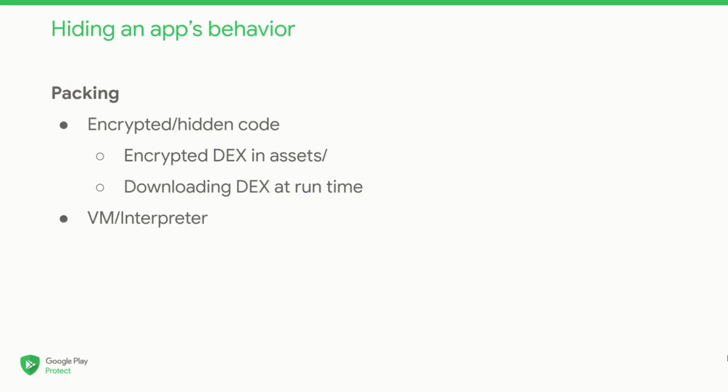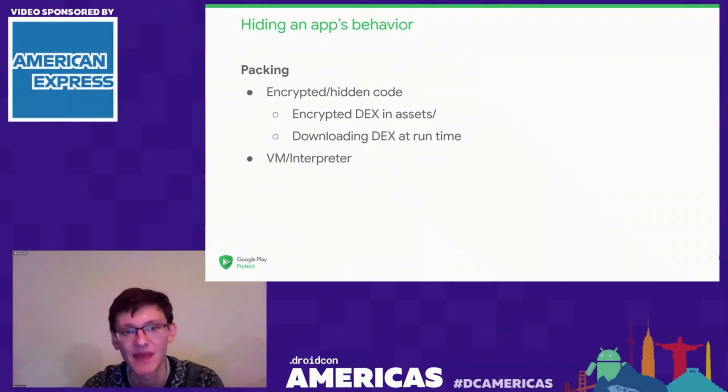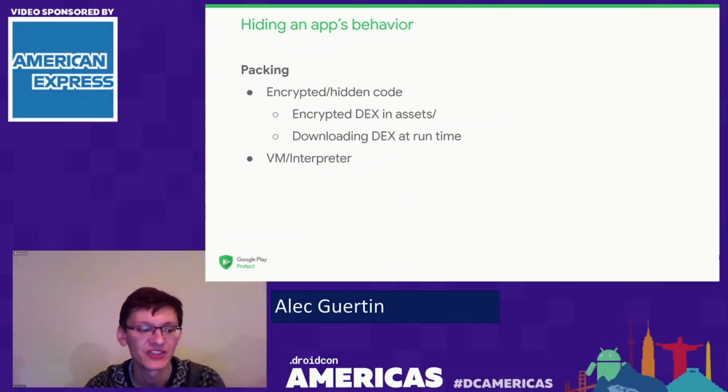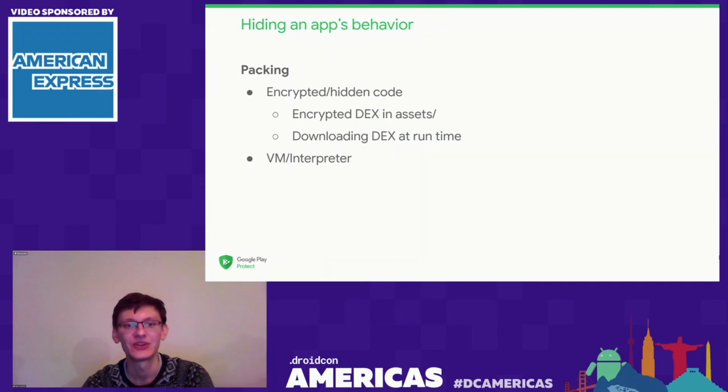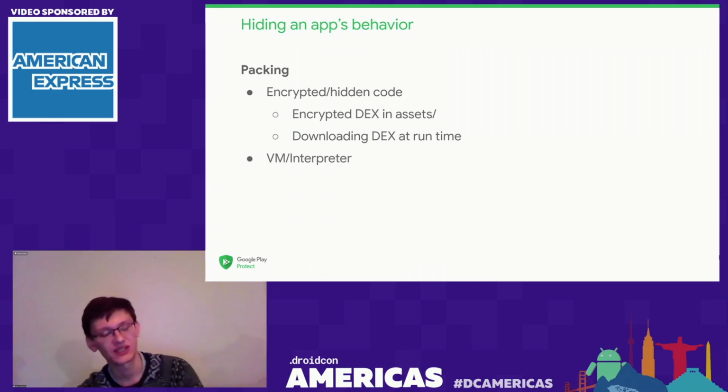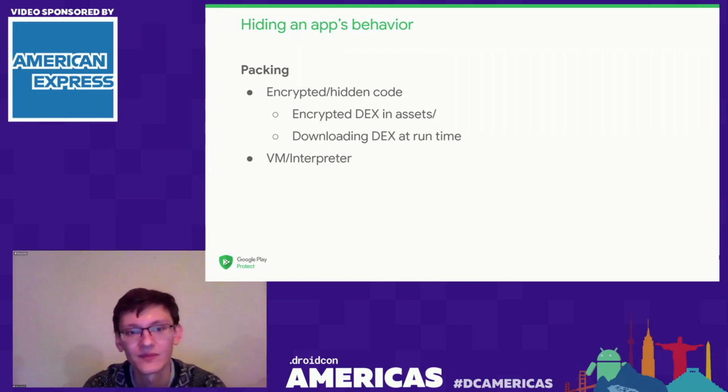On top of those obfuscation techniques, there's also packing techniques where they not only are trying to hide what the code does, but they're trying to make it harder for you to access the code. And so some examples of this would be when code is encrypted. So you might get encrypted DEX files in the assets or that are stored off device and downloaded at runtime.